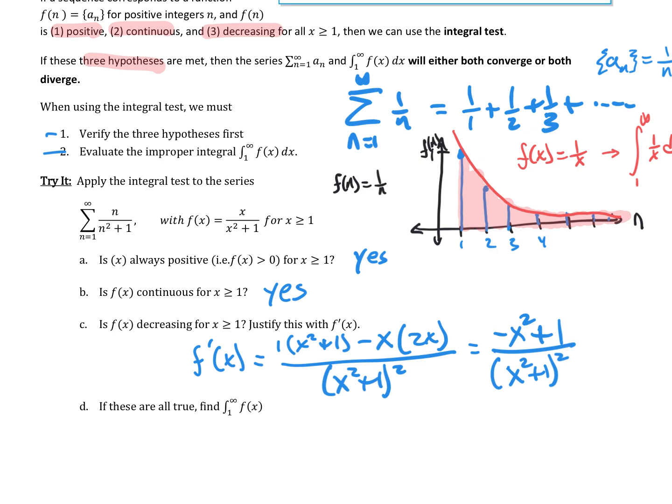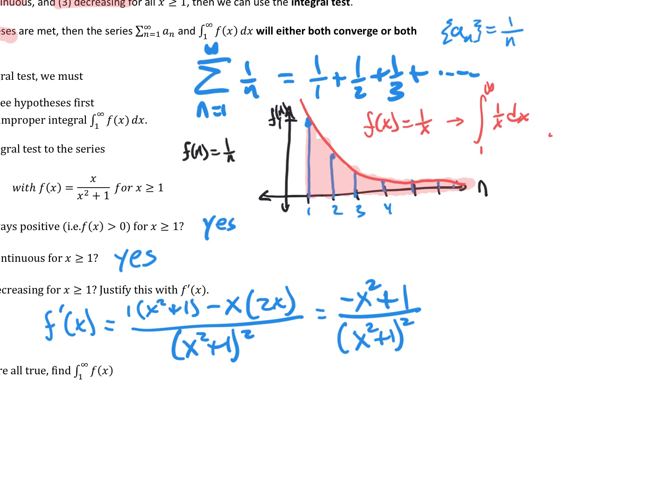This will be a negative on top. And notice the bottom is always positive. So the top here will be either 0 when x is 1, or it'll be negative when x is bigger than 1. So this is always going to be less than 0 for x that is greater than or equal to 1. We should, I guess, say less than or equal to 0.